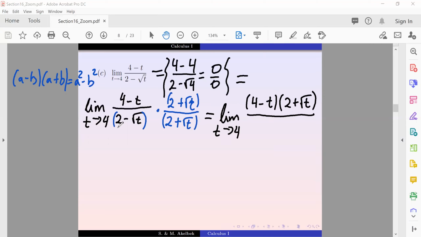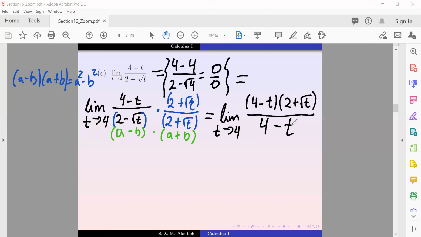On the bottom, this is my A. If we follow the formula, this is A minus B times A plus B. The formula says A squared, square the first term, so 2 squared is 4. Then minus, and then we have square root of t squared, which is t.